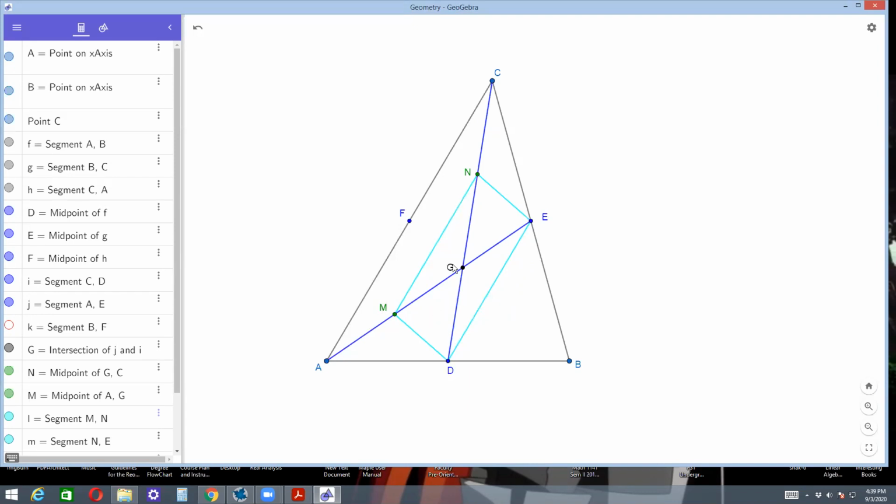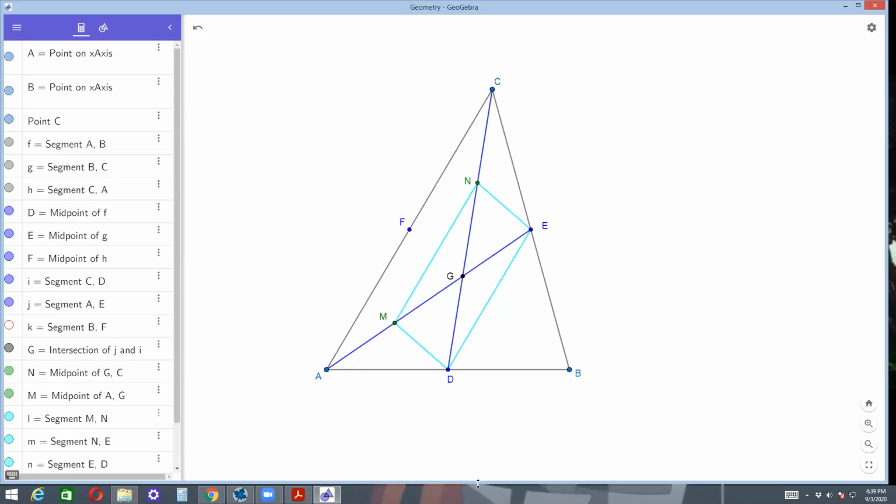Right? So based on this, we have that MN is parallel to DE, and they equal each other. Both of them are equal to half of the length of AC. Is that enough to conclude that DENM is a parallelogram? Well, the answer is yes. We haven't actually done it yet, but it is one of the conditions.